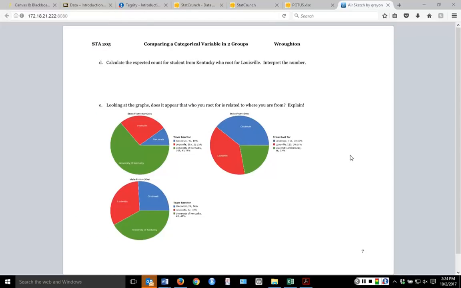Now let's talk about making sure we understand how to calculate an expected count. So an expected count is just using totals. It uses a row total, a column total, and the overall total. Then the question is going to tell me which row and which column to look at. So my row, I'll look at those from Kentucky. My column, for those that root for Louisville.